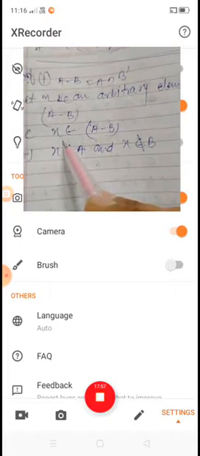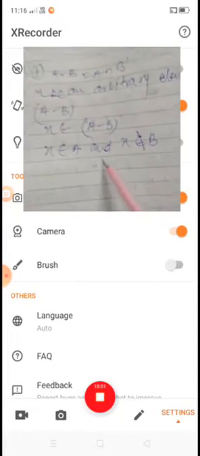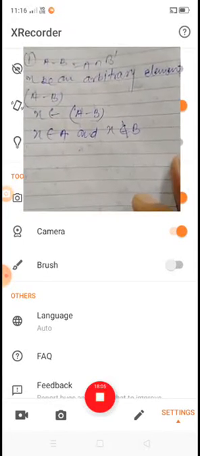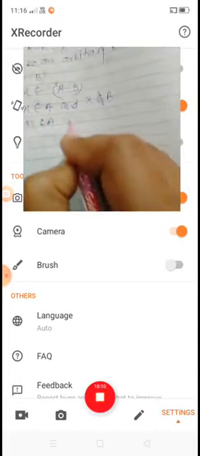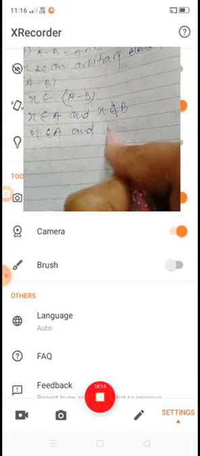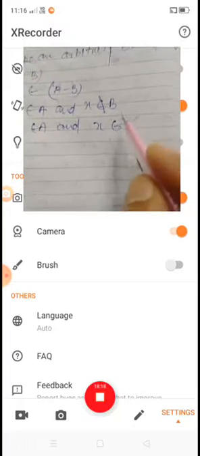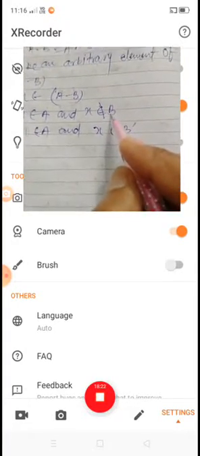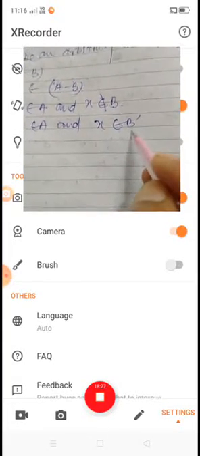Conversely we can write x belongs to A and x belongs to B dash. This topic was also discussed in the previous class: B dash is the complement of B. If x does not belong to B, then x belongs to its complement.